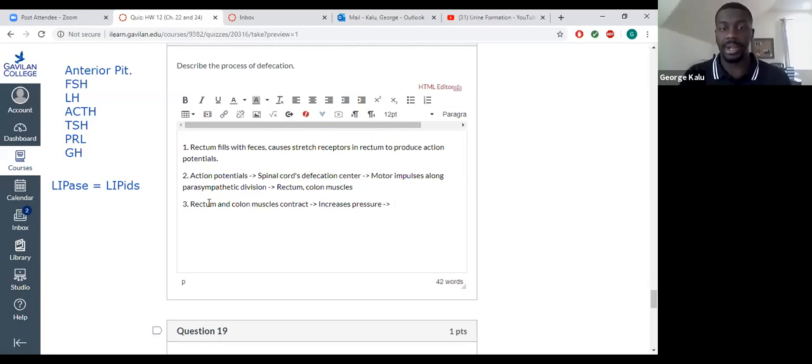And ultimately what happens is the internal anal sphincter is going to relax. Let me set, so there's another step. Those motor impulses will also cause the internal anal sphincter to relax.